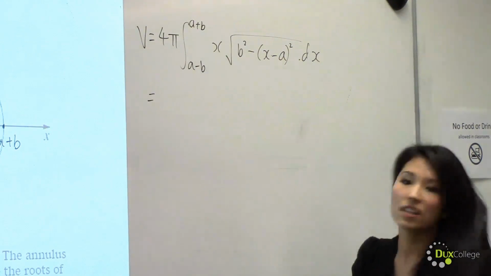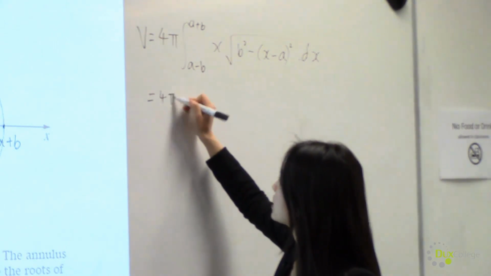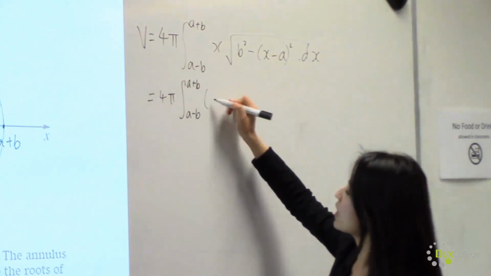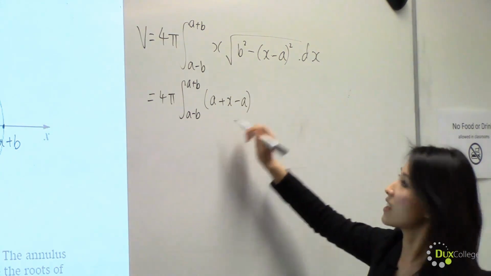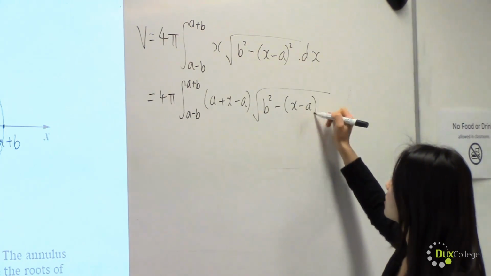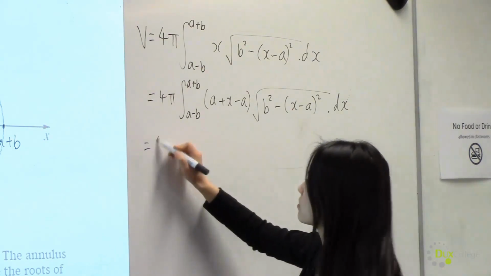Okay, now to solve this integral, we need to use a very small algebraic trick. So what we're going to do here, we're going to say a plus x minus a. Now notice the a's cancel out, so it doesn't really change anything. Okay, and then we're going to split this up.